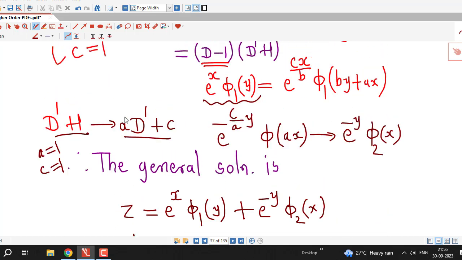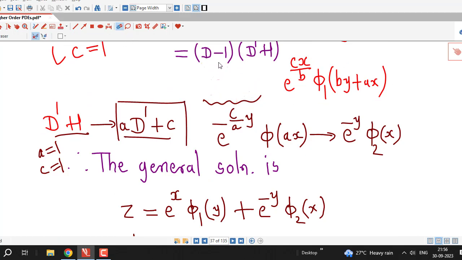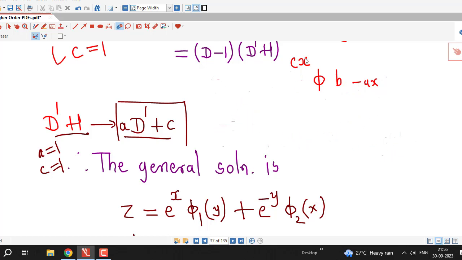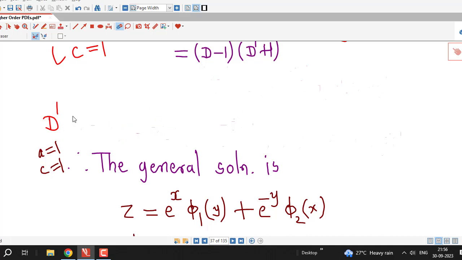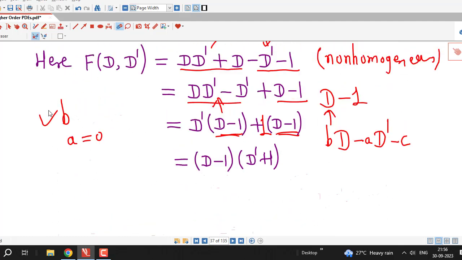So here the new thing is we have this type of factor aD' plus c. And this you have to do as rough work. You should not write all these things in this way. You can do rough work and then finally you can write down the general solution. So first you show that your function F(D, D') is a product of linear factors.